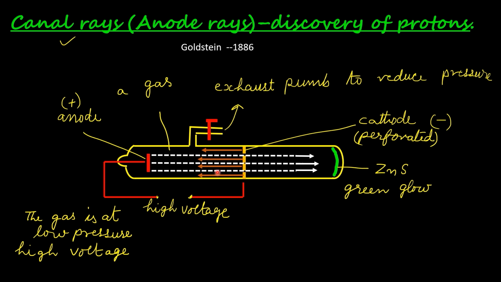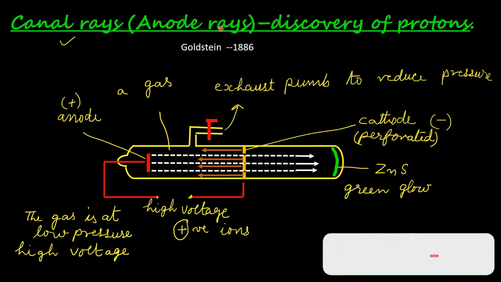How did these charged particles originate from the gas? When it is connected to high voltage at low pressure, cathode rays started originating from the material of the cathode. The high energy particles of the cathode rays hit the atoms of the gas inside the discharge tube, causing the electrons in the atoms of the gas to get dislocated, resulting in the production of positively charged ions.